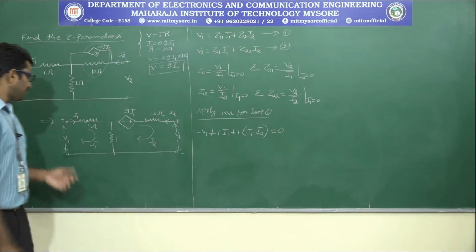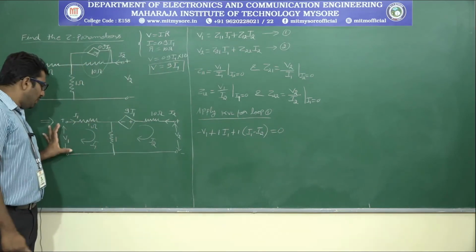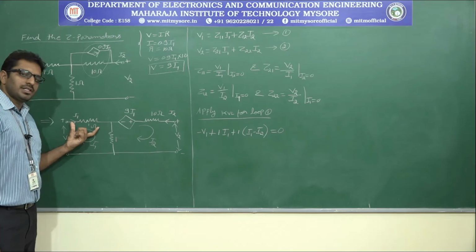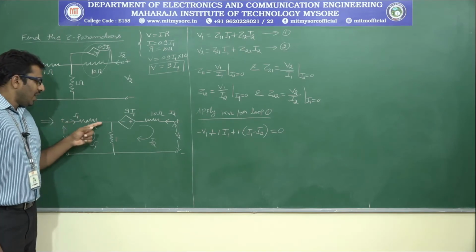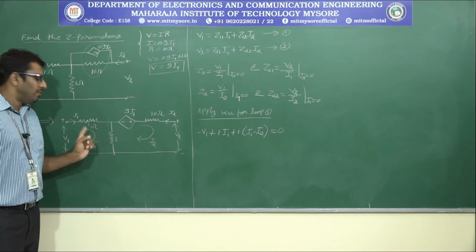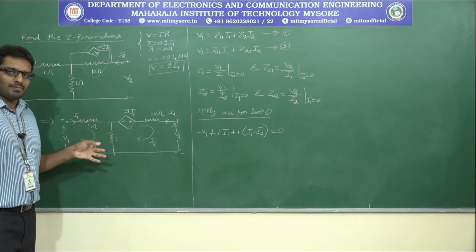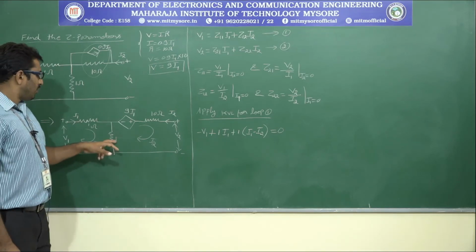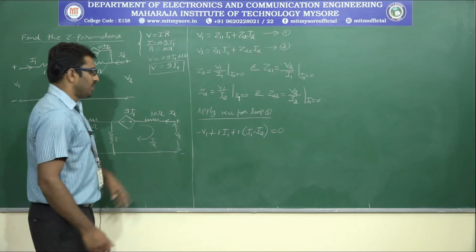Very simple loop. First the input voltage, plus the voltage across this resistance, 1 into I1. Again, this 1 ohm resistor is connected between loop 1 and loop 2, right? But we are applying KVL for loop 1, so 1 into I1 minus I2.